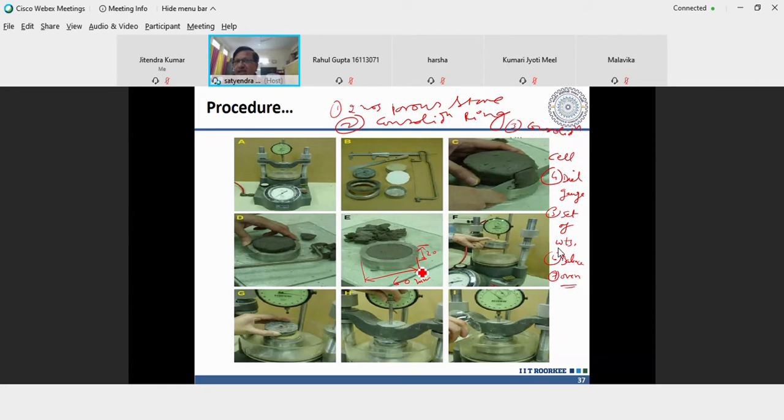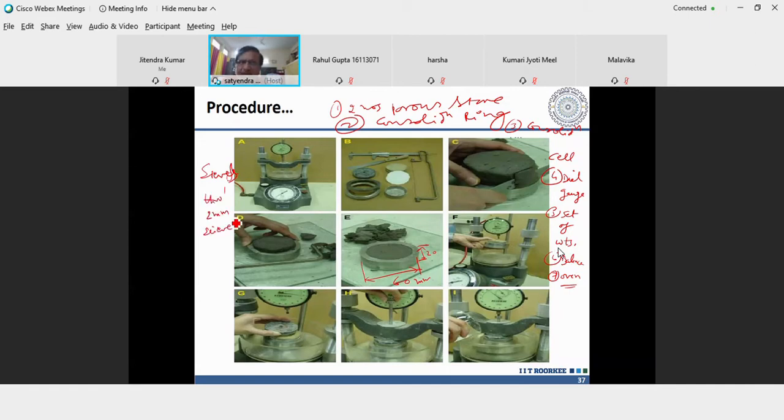Now at the same time, because it is 20 mm height, the soil which is to be tested in the consolidation ring should be sieved through a 2 mm sieve.